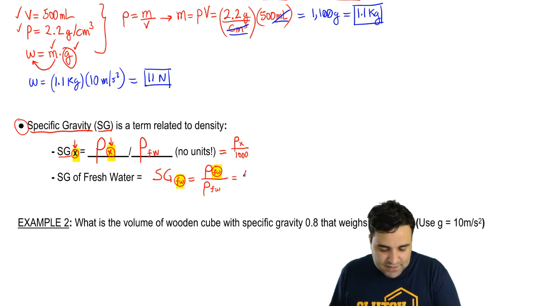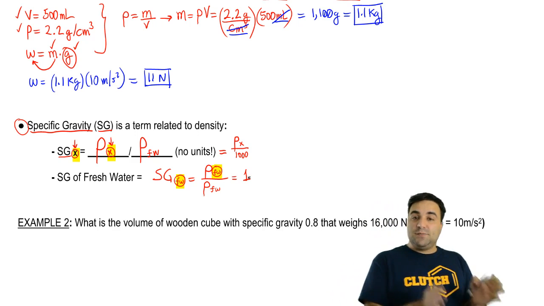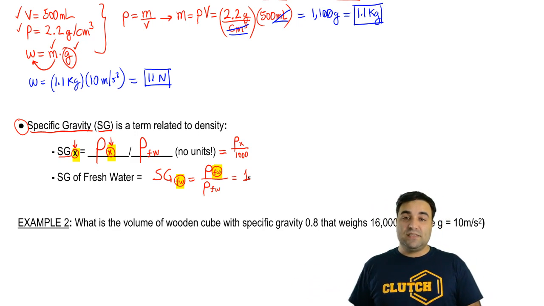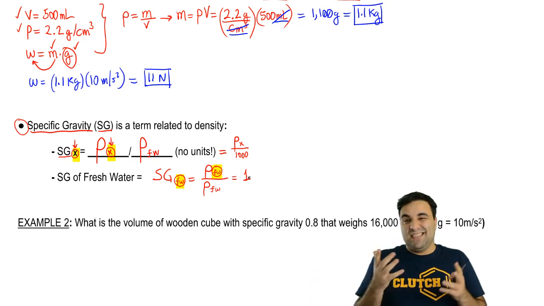So this is kind of silly because it's just 1. Because specific gravity is relative to fresh water, the specific gravity of fresh water is 1 because it's the same.